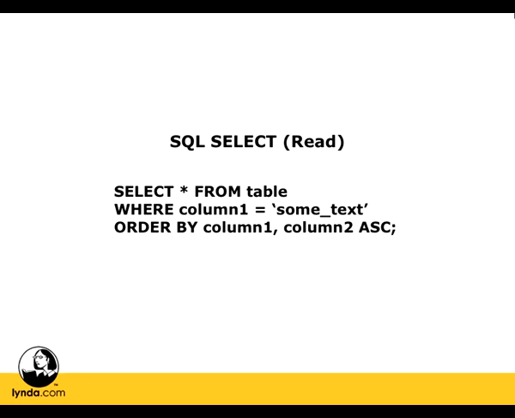So we could have by, last name, and first name, and then ASC stands for ascending. We could also have DESC for descending. The overall idea here is that we're retrieving rows from a database. If you've never worked with databases before, it might be helpful to think of it as something like Microsoft Excel, where you have actual rows and columns. And we're going to be pulling back every row where a value in a certain column matches what we've asked for. That's the SQL select statement.